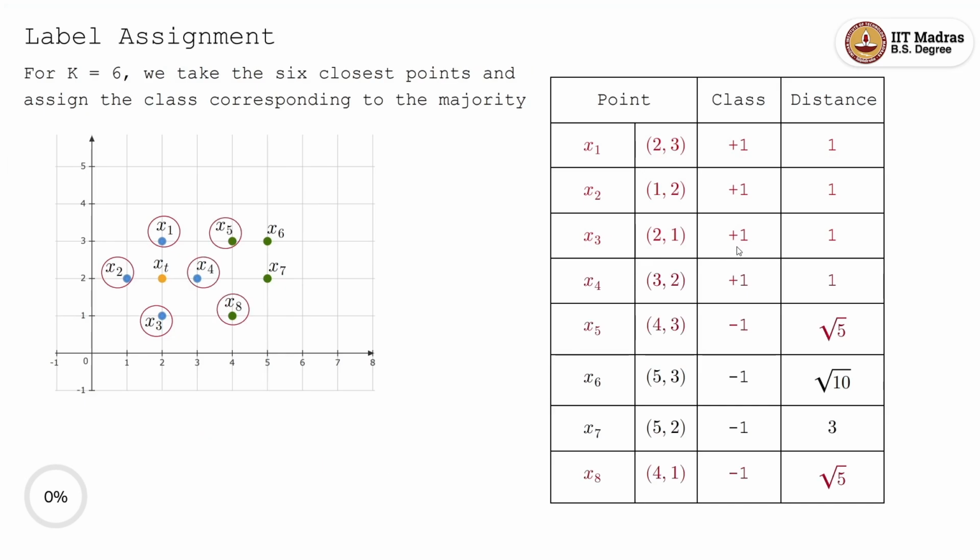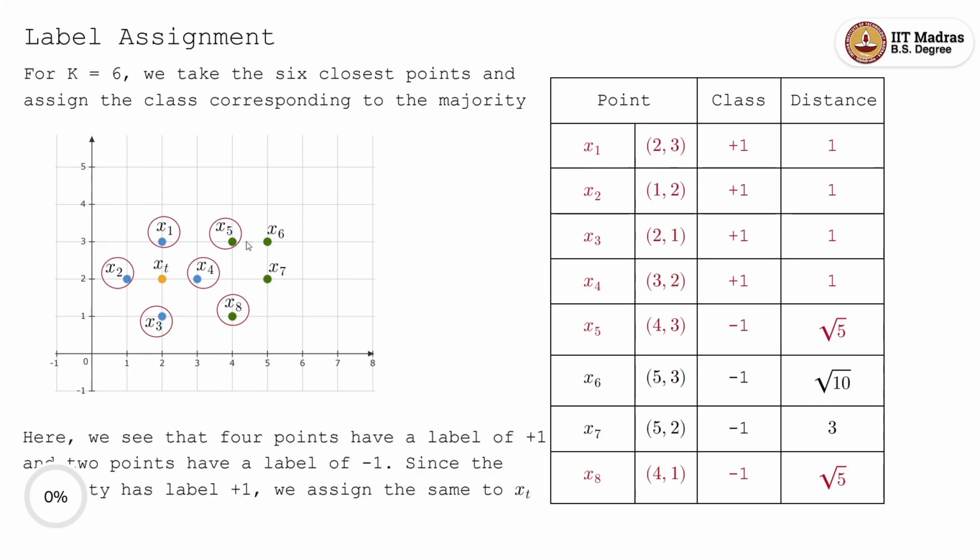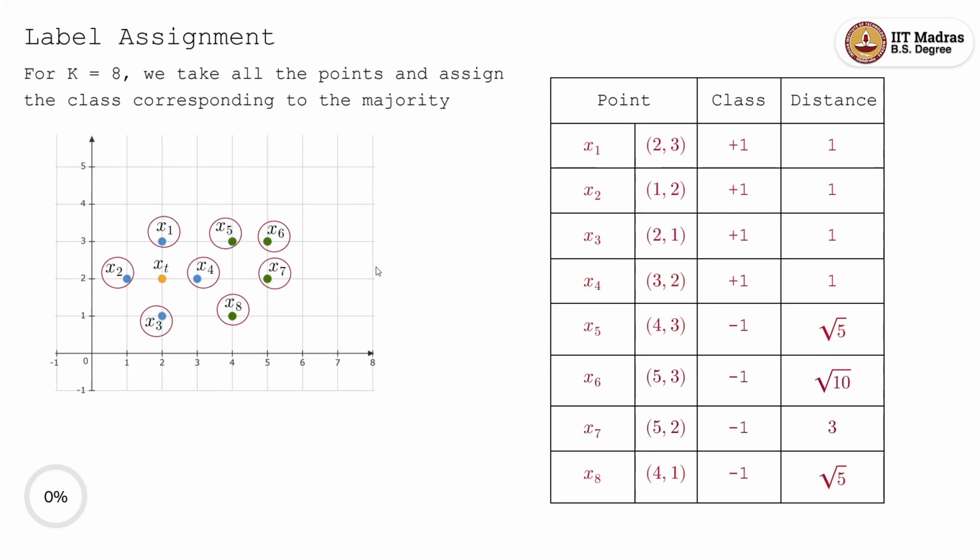Now, if we take the case of k equal to 6, we now are looking at the 6 closest neighbors, and there are still 4 points with +1 and 2 with -1, therefore the majority remains to be +1. So this test point is once again assigned a label of +1. However, if we go to k equal to 8, that is, if we look at all the points in the data set, this time we have 4 blue points and 4 green points, and we cannot say concretely what the label for this test point should be.